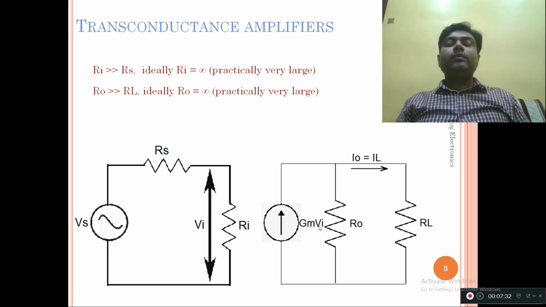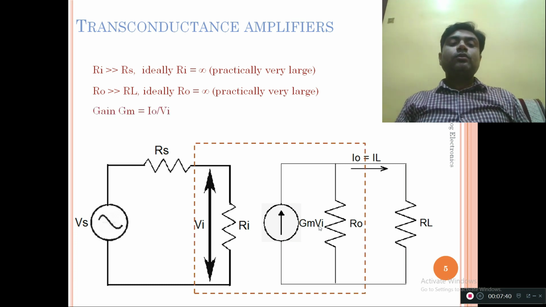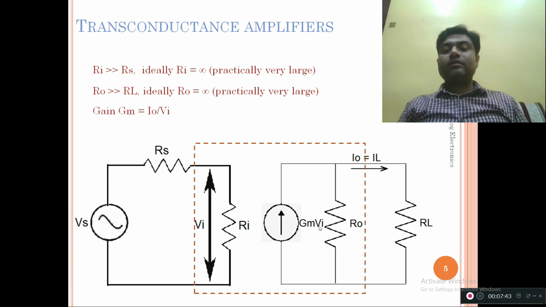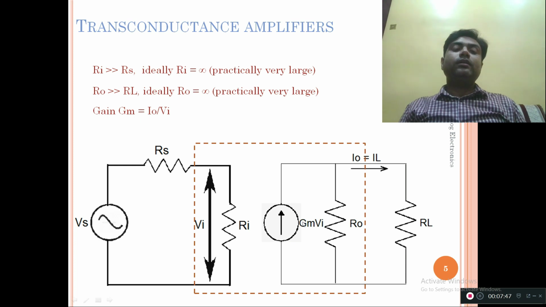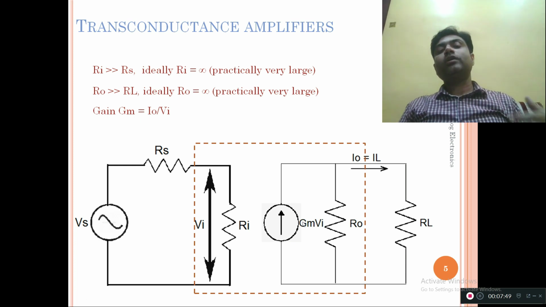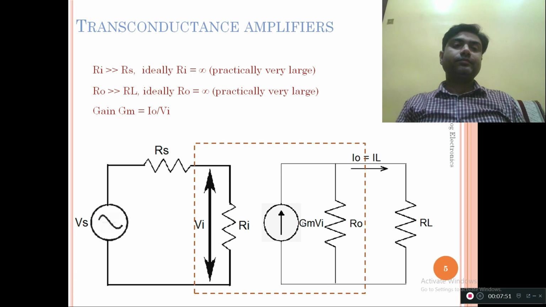So the previously discussed two characteristics are taken directly to draw the transconductance amplifier. So this time this particular value of the constant has changed, and now the Gm can be written as the output current upon the input voltage.